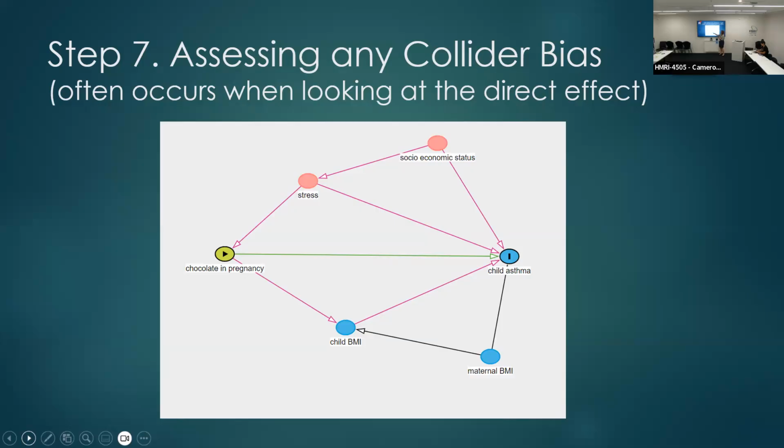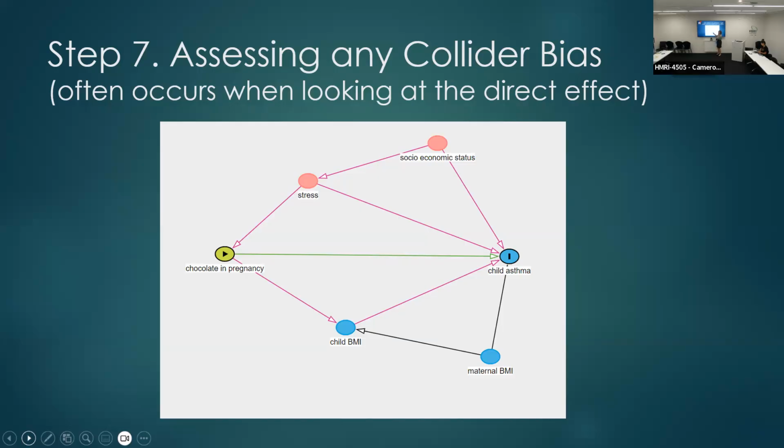This is called collider bias because it's a collision. If you think of the water example again, the water comes this way, it meets, and we can think of it as being stopped, because they stop each other and can't go back down. When I was looking at the total effect, I'm happy for the effect to go through here.